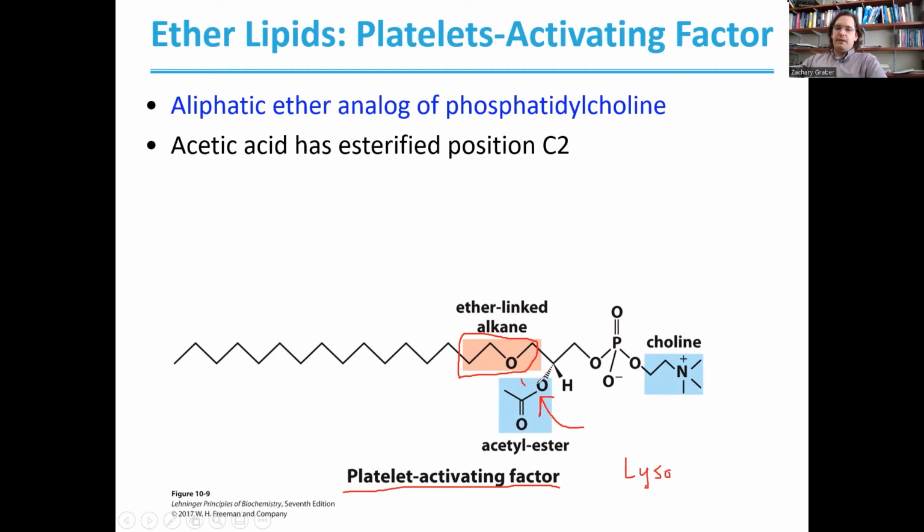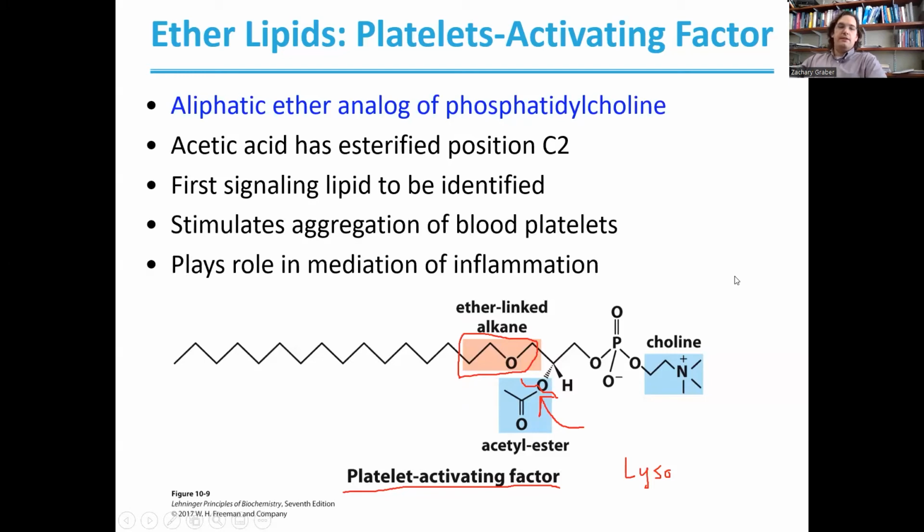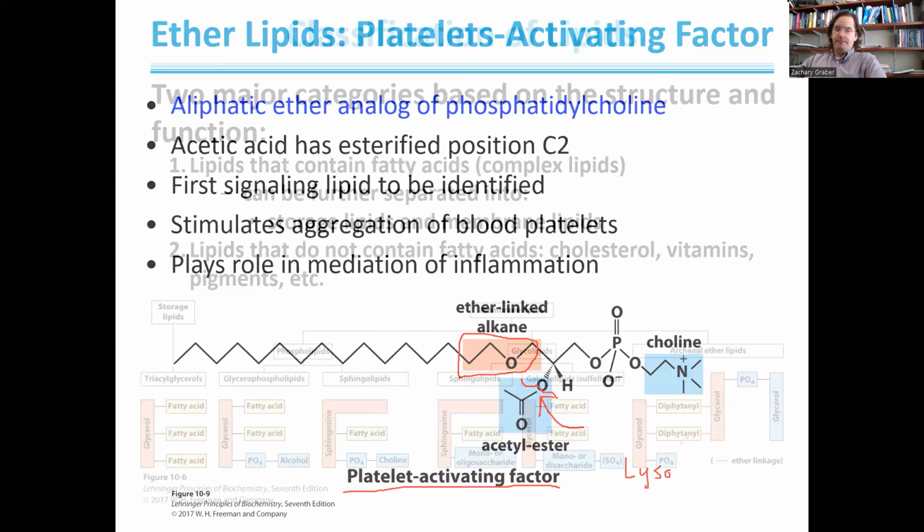Right, so phospholipase A2 cut off this group here, so that then we can end up attaching our acetyl group rather than our long fatty acid. Platelet activating factor was actually the first signaling lipid to be identified. So as the name suggests, it stimulates aggregation of blood platelets and plays a key role in mediating inflammation.